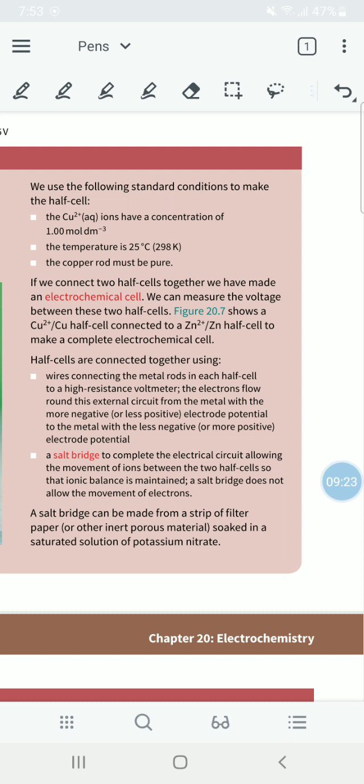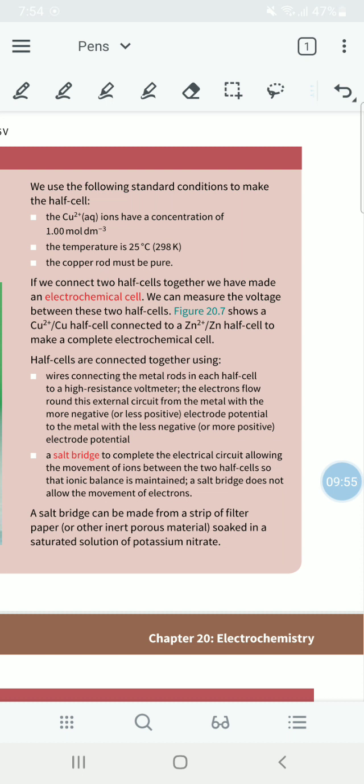The electrons will flow around this external circuit, and this is very important, from the metal with the more negative or less positive electrode potential to the metal with the less negative or more positive electrode potential. Now you would understand why if you connect a copper half cell with another copper half cell, nothing would move, because the electrode potentials are not different.